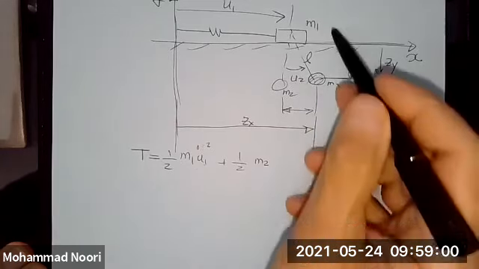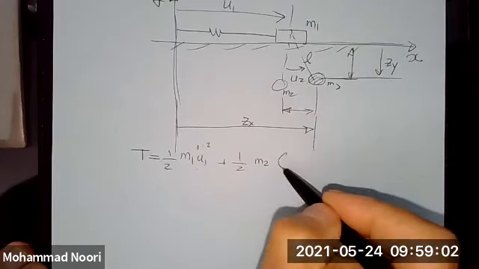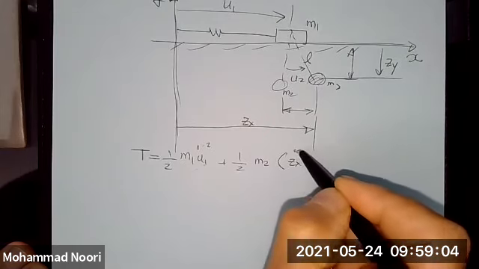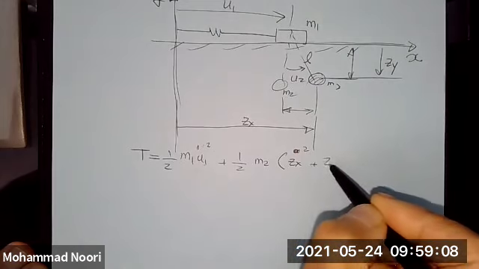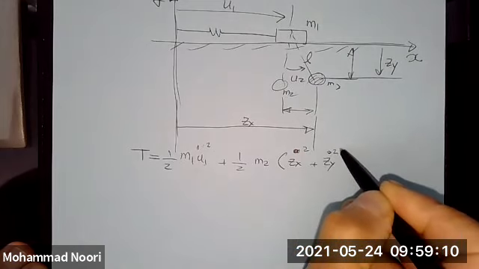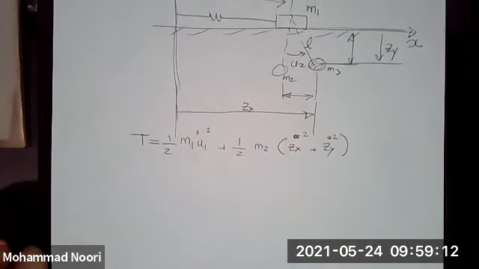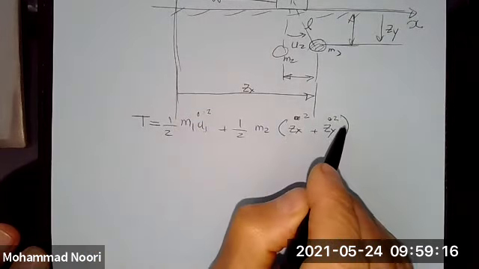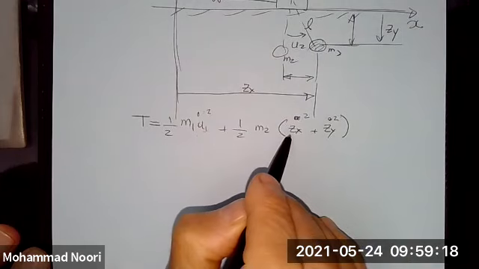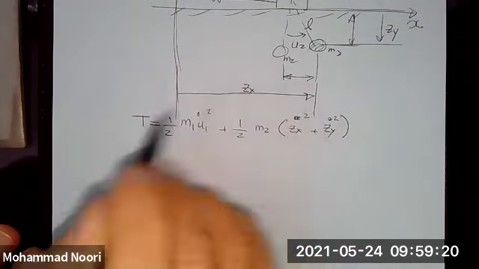So velocity this way and velocity this way. So it would be Zx dot squared plus Zy dot squared. But I want everything in terms of U1 and U2. So let's relate Zx and Zy to U1 and U2.